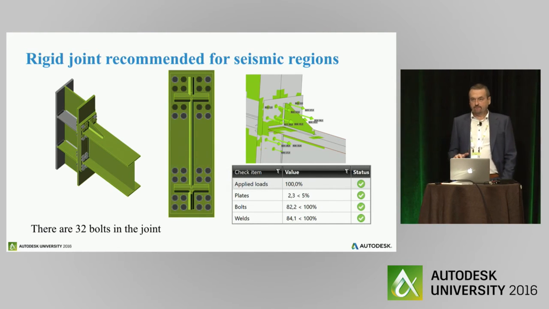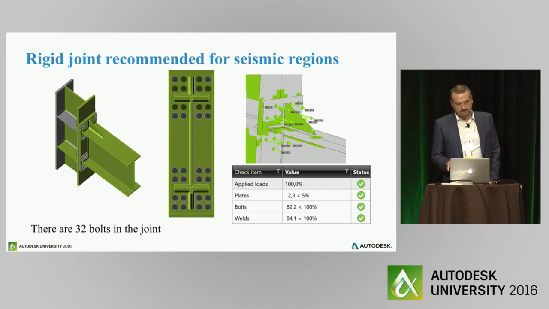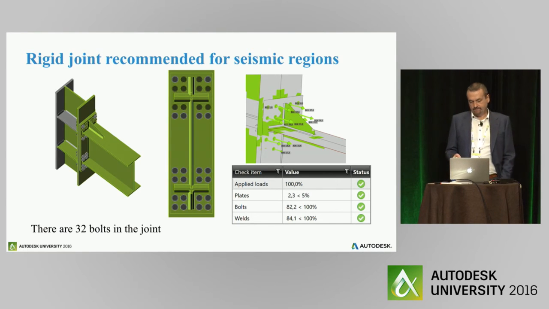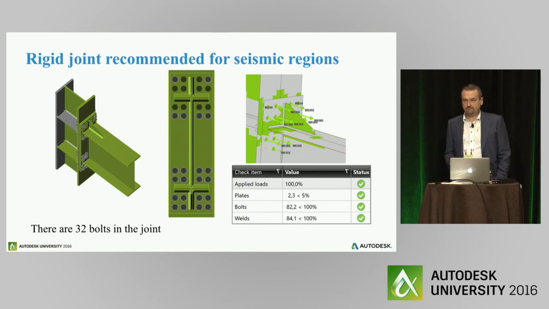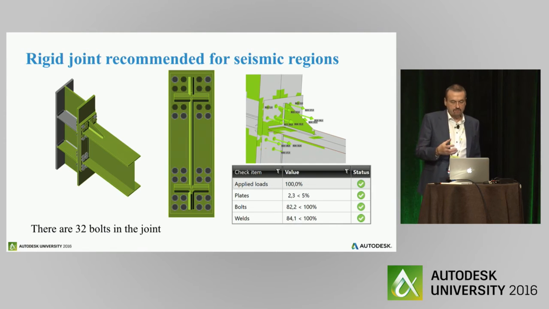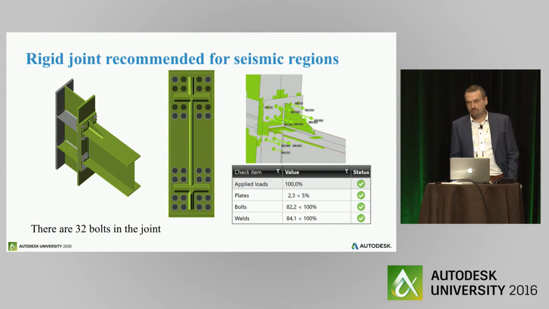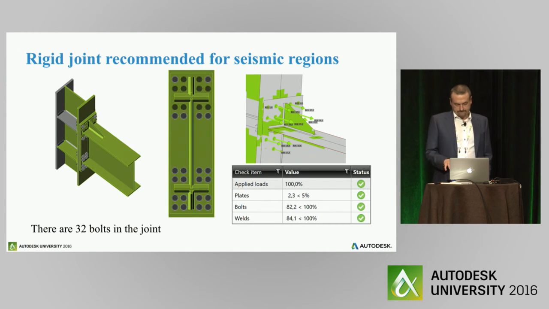So we can show the possibility of optimization of bolts on this example. This is a quite typical example of a connection which is recommended for seismic regions, and it is a quite stiff connection, non-dissipative from the point of view of seismic design.